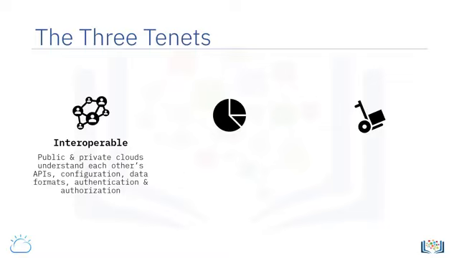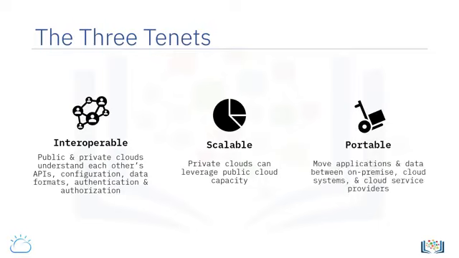When there is a spike in demand, a workload running on the private cloud can leverage the additional public cloud capacity, making it scalable. A hybrid cloud is also portable. Since you're no longer locked in with a specific vendor, you can move applications and data not just between on-premise and cloud systems, but also between cloud service providers. Hybrid is about taking the best of both worlds.